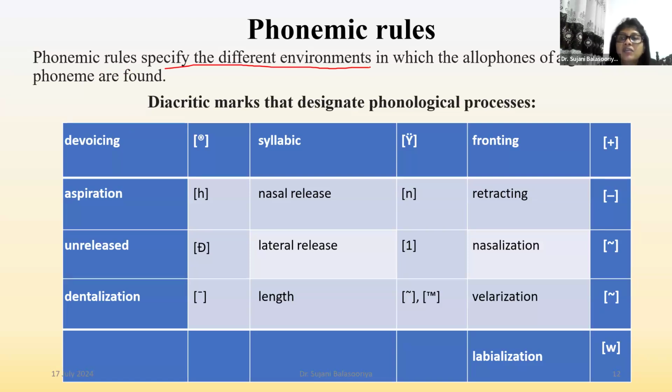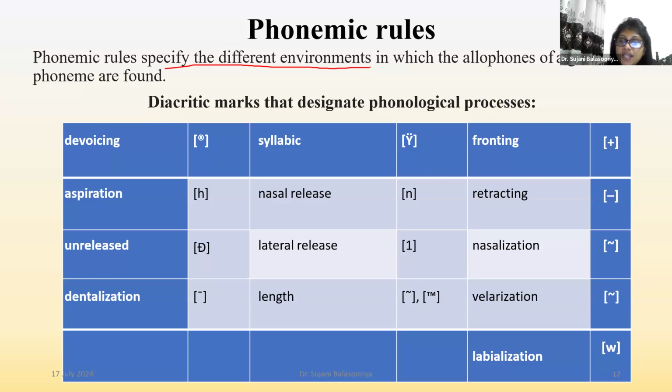All the allophones do not occur at the same time, in the same environment. They are in complementary distribution, which means when one allophone occurs, the other allophone does not occur there. Then we have to know in which environment a particular allophone occurs.